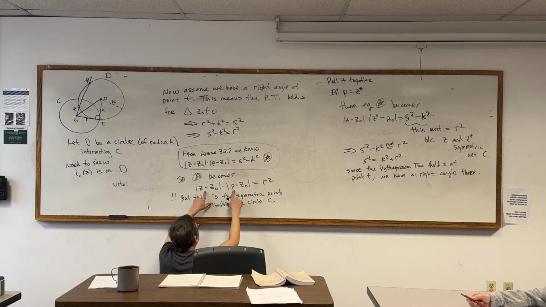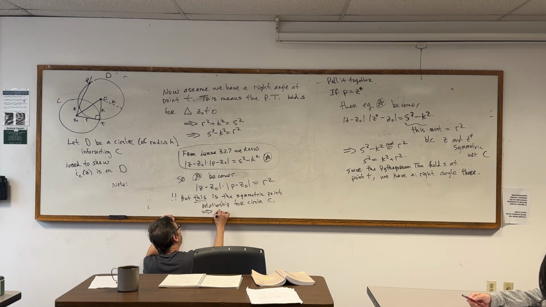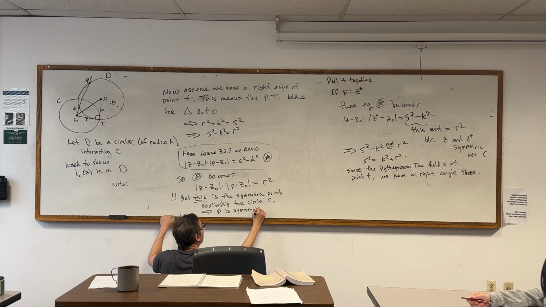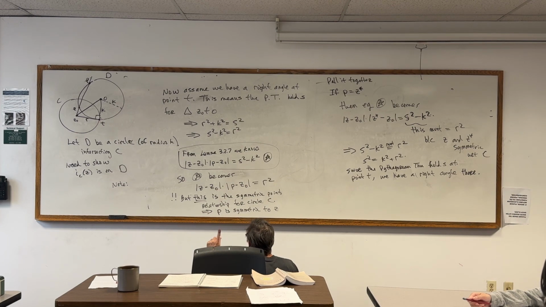So this must mean that P is symmetric to Z. This implies P is symmetric to Z. And there's only one symmetric point, so that means P is Z star.